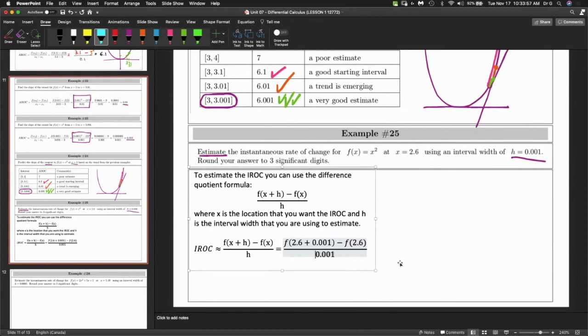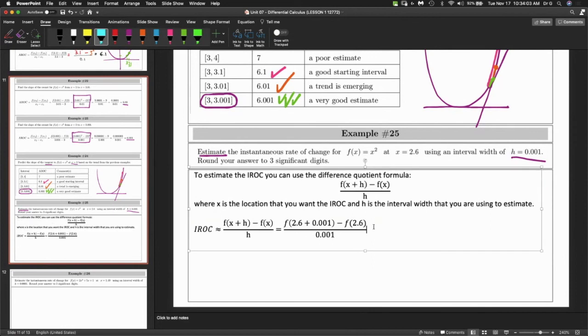And I'll go through that very slowly here. It's totally cool. So that equals f of 2.601 minus f of 2.6 over 0.001.